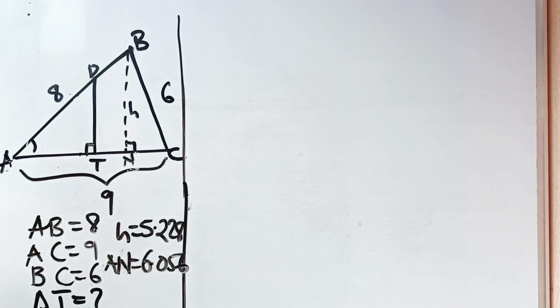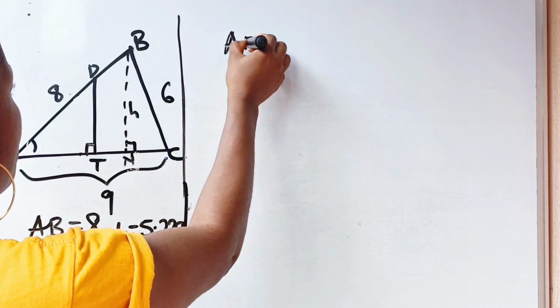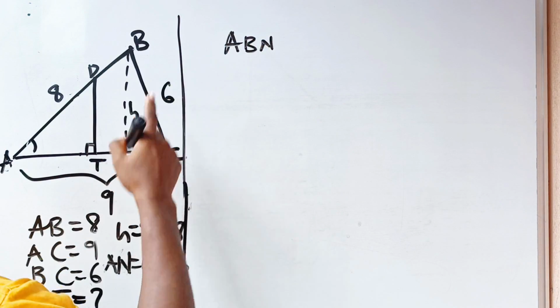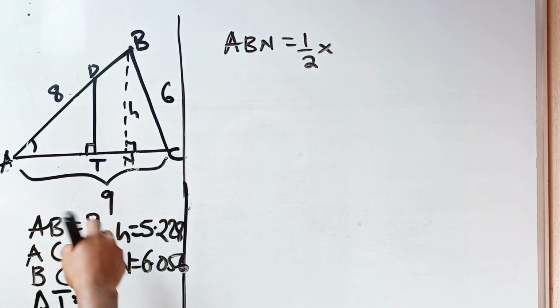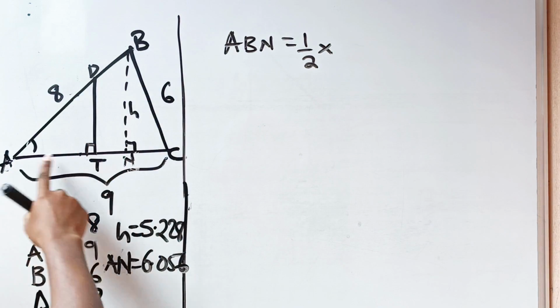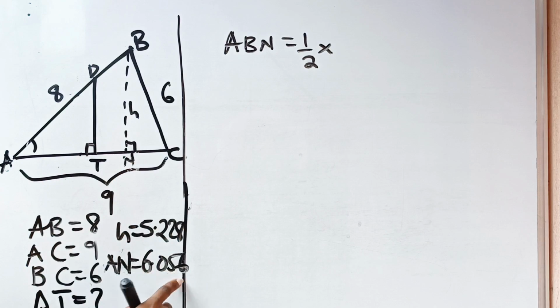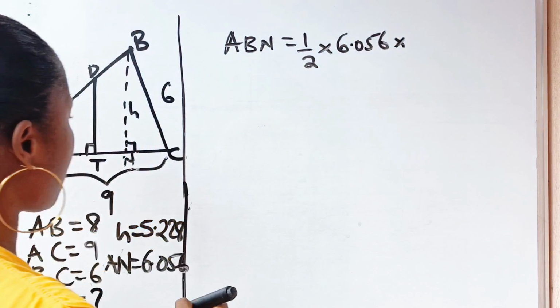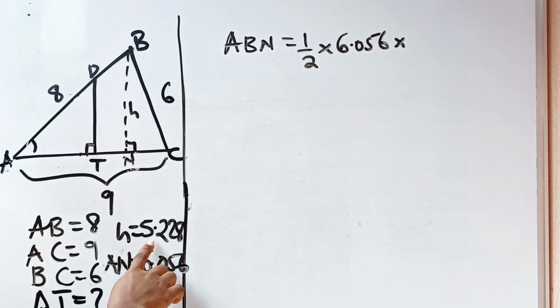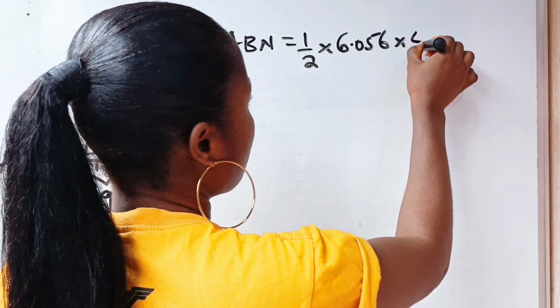Now, having gotten that, let's find the area of triangle ABN, which is equal to half times the base. The base of ABN is AN, and our AN is 6.056, times the height, which we have gotten before as 5.228.